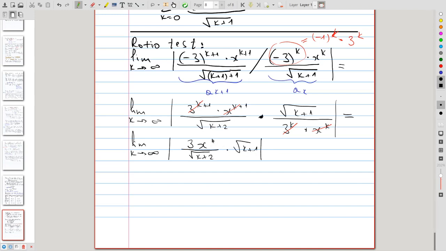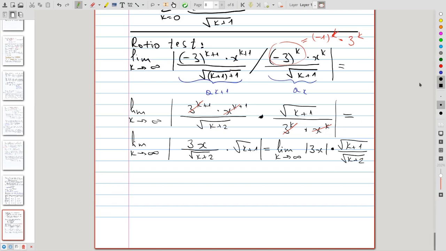Let us use again that both square roots are positive, so there is no need to keep them under the absolute value, and this limit is simply the absolute value of 3x. This is the only part that can become negative, multiplied by square root of k plus 1 over the square root of k plus 2.